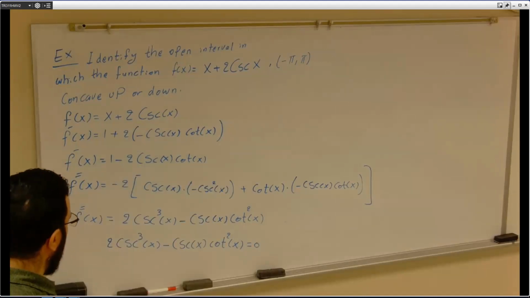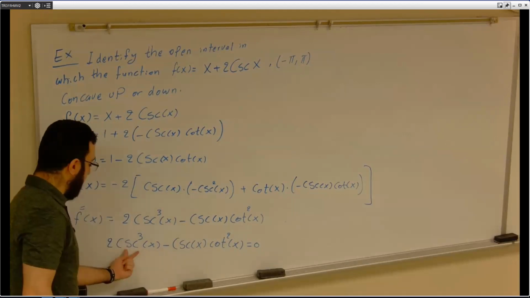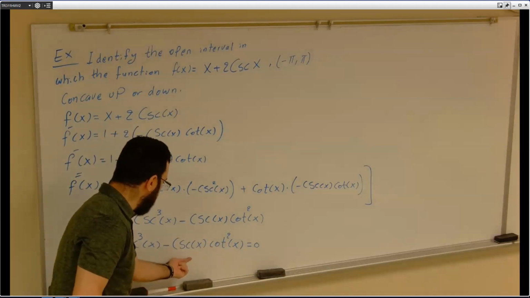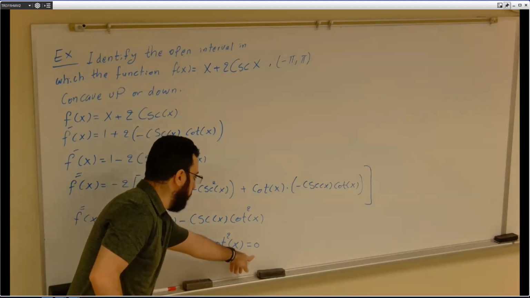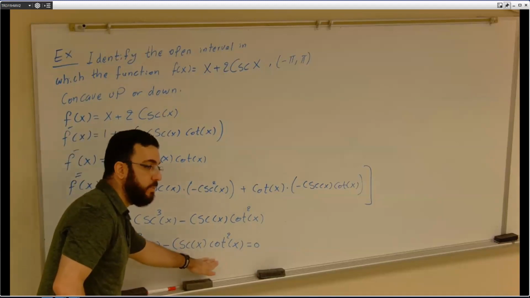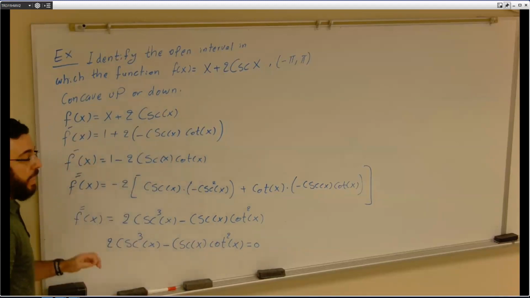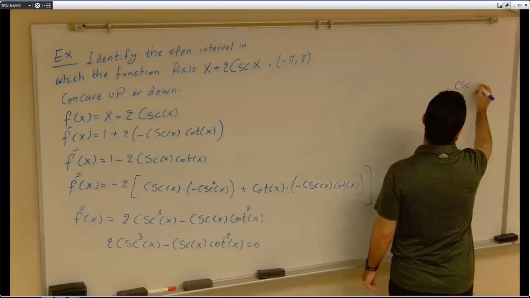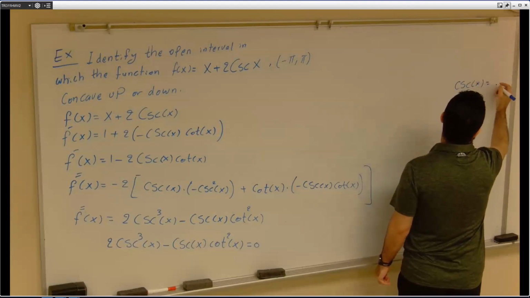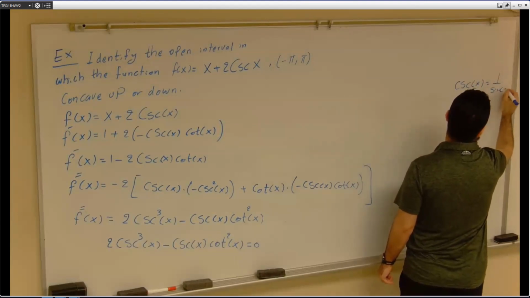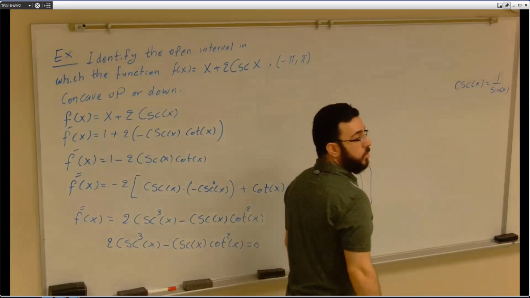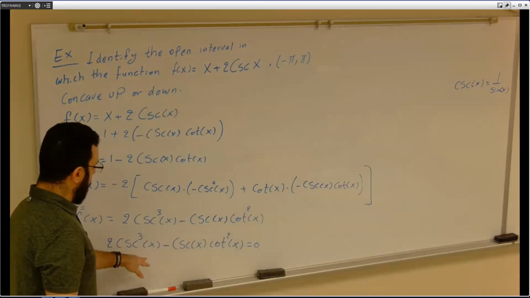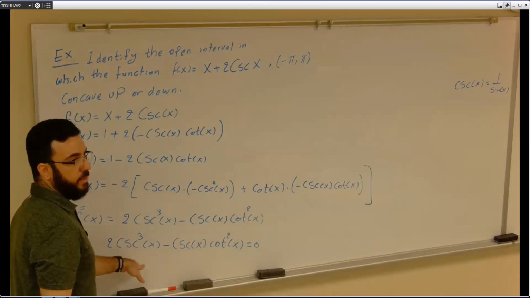Here's the important thing. Check when cosecant x equals 0, or when cosecant x cotangent squared x equals 0. Cosecant x is 1 over sine x. So when x equals 0, which is between -pi and pi, cosecant x is undefined.